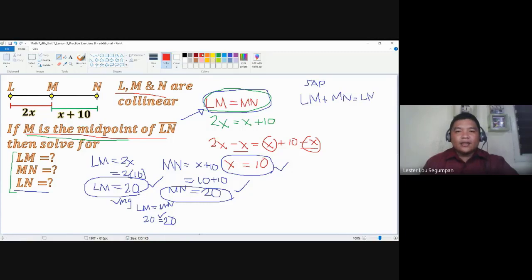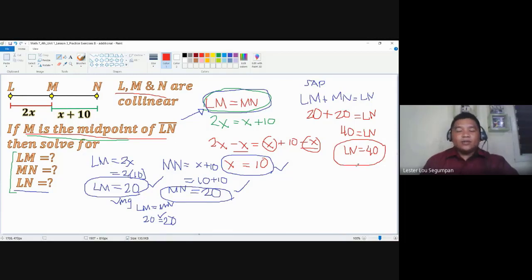Let's check. LM is 20 and then MN is 20. This should be the measurement of LN. 20 plus 20, 40 is equal to LN. By symmetric property, LN is equal to 40.